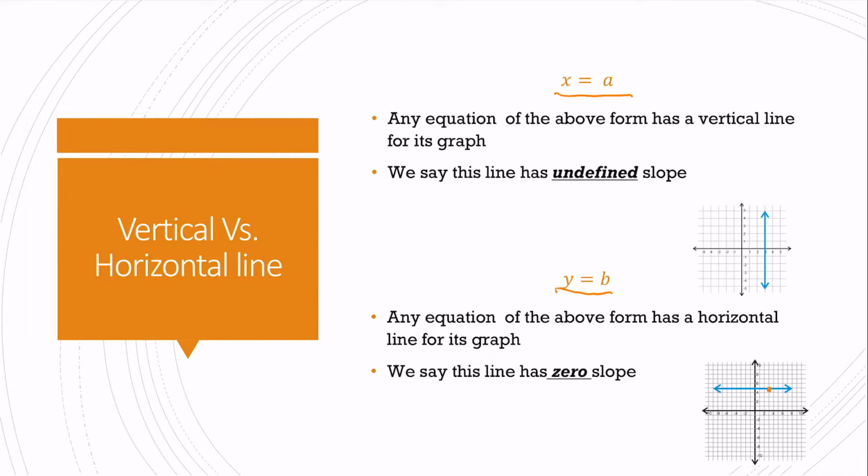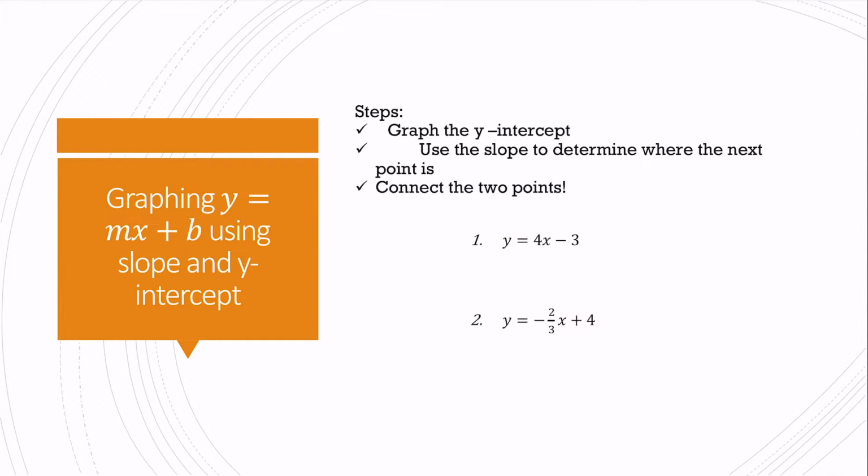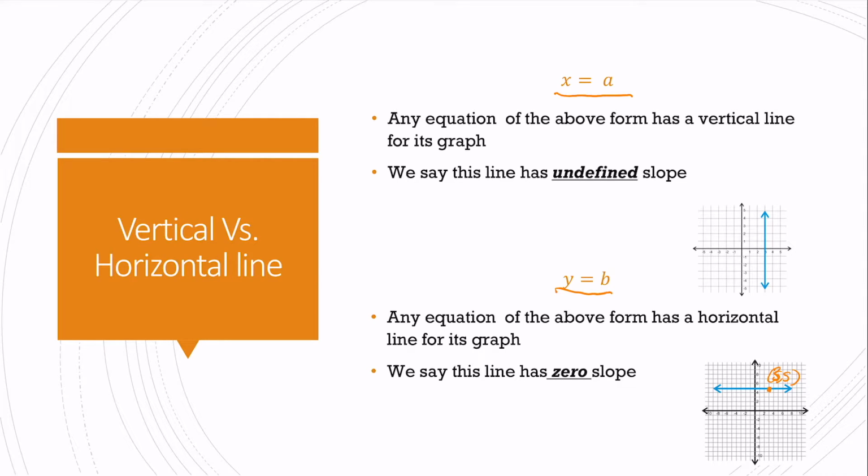I've got when x is 3, y is 5, and when x is negative 2, y is 5, and let's see why that slope is 0. I take my change in y, which doesn't change, over my change in x. That gives me 0 over negative 5, which is just 0. So we say it has a slope of 0.